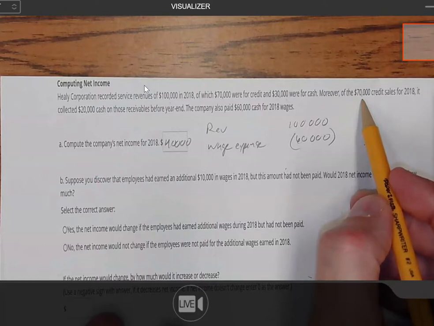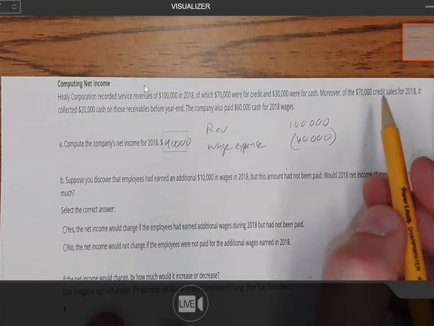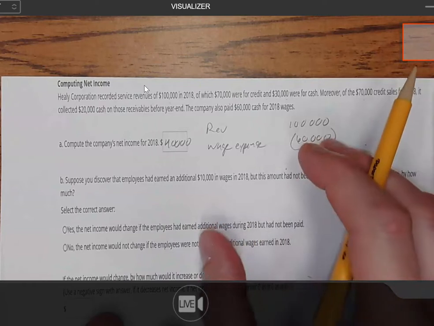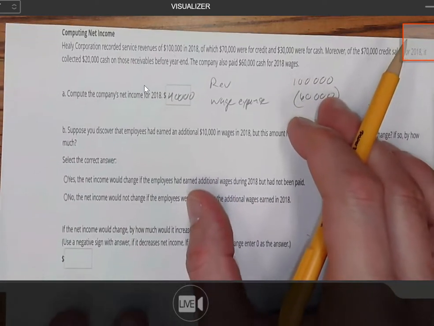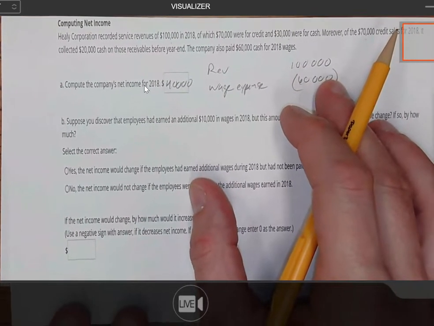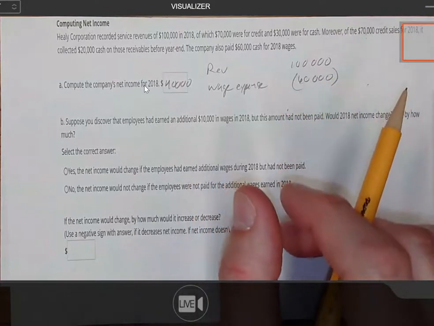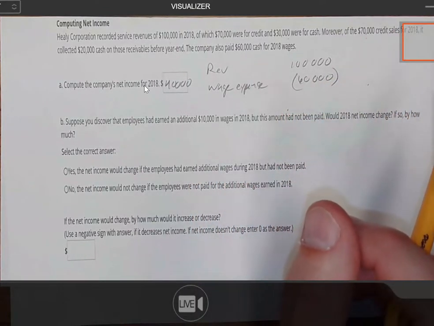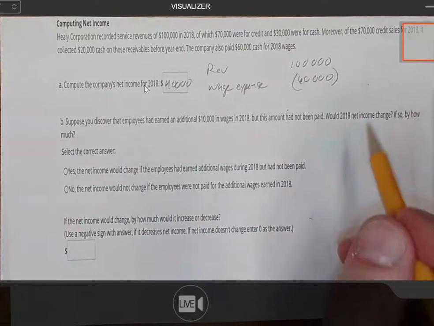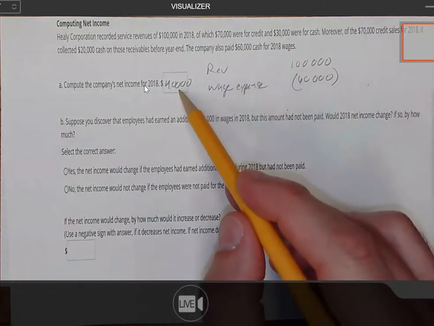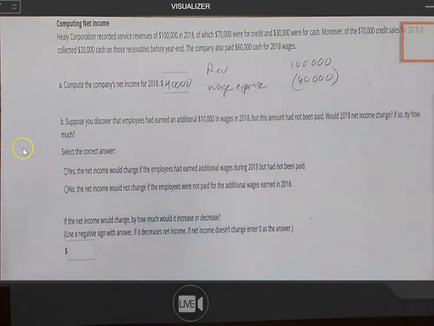All of this extra information is only going to serve potentially to confuse you. So the answer is $40,000: $100,000 in revenues minus $60,000 in expense gives us the $40,000 in net income.